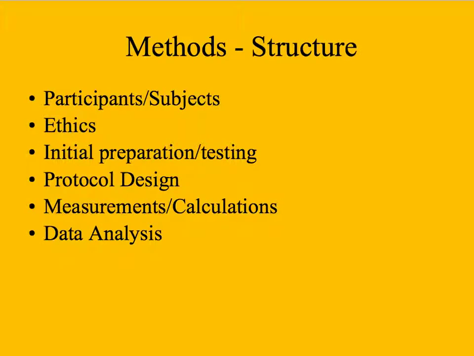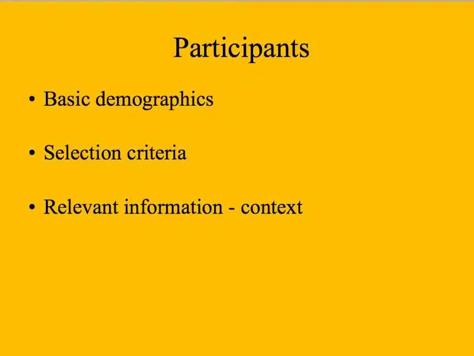Okay, so the easiest way to look at a method section is to divide it with these 6 subtitles. So when you start your methods, I would put these 6 subtitles in, and this will then guide you as to what you need to write. So if we look at the first bit, participants. In this section, again, a short paragraph, you need to basically highlight the participants that you've used in your study.